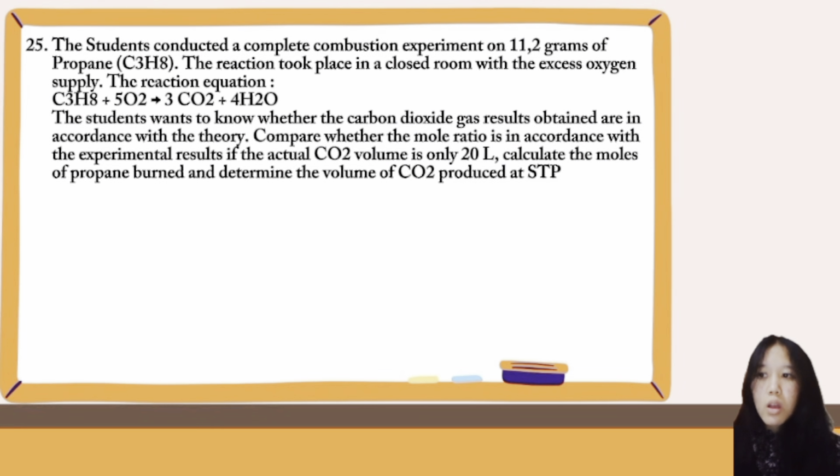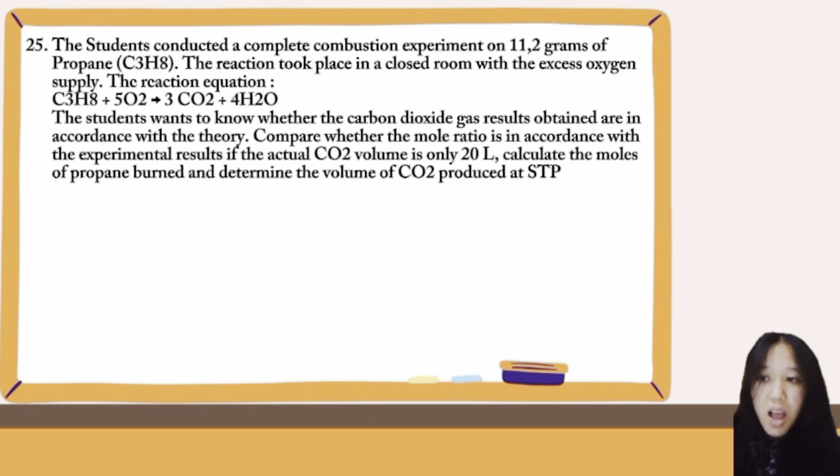The student wants to know whether the carbon dioxide gas results obtained are in accordance with the theory. Compare whether the mole ratio is in accordance with the experimental result if the actual CO2 volume is only 20 liters. Calculate the moles of propane burned and determine the volume of carbon dioxide produced at STP.